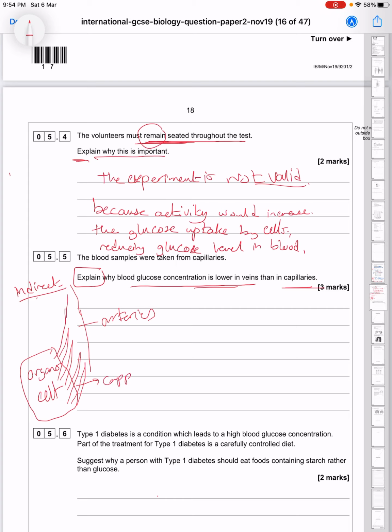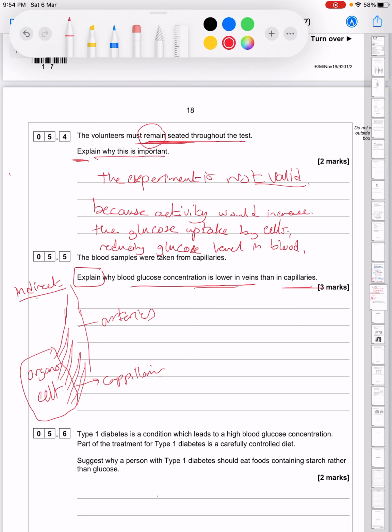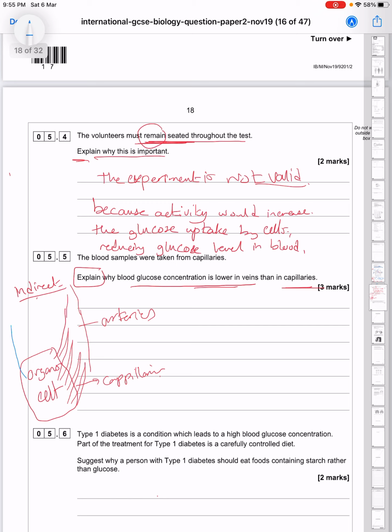Those are the capillaries, right? And then blood is going to come next to the organs and cells. Those capillaries will supply those organs and cells with oxygen and glucose. And when these cells do aerobic respiration, they will provide the same capillaries again with carbon dioxide. These capillaries will join to form veins. Okay?